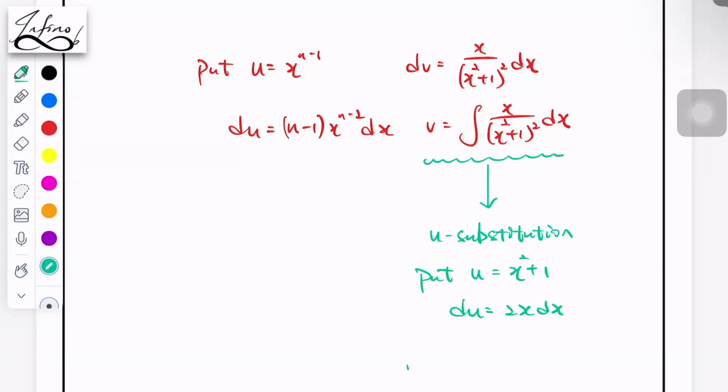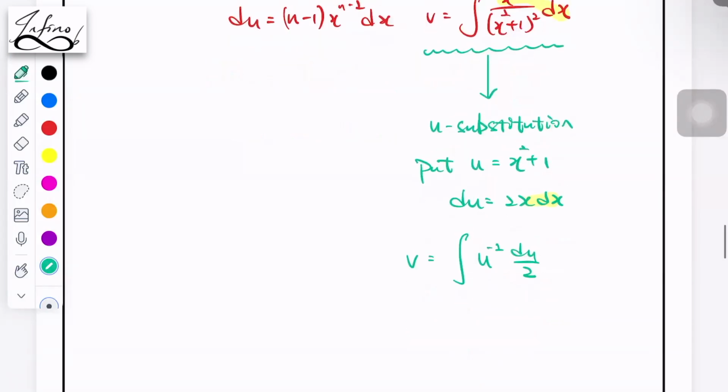And that's why v will be the integral of what? Because x dx is simply du over 2, this will be simply u to the power of negative 2 times du over 2. Therefore, for v, I can take out the 1 over 2, and I'm just integrating u to the power of negative 2, which is u to the power of negative 1 over negative 1.